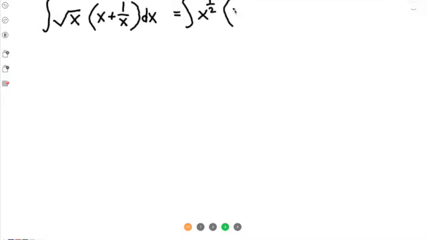This is x raised to the first power. Tama ba? Or if you want to easily visualize it, let's put it as x to the first power, or x to the 2 over 2. Plus, this is 1 over x. Let's put it as a fraction. So this would just be equal to x to the negative 1, or negative 2 over 2.